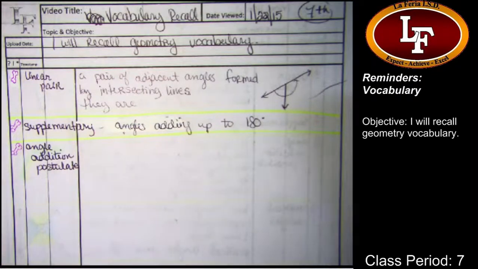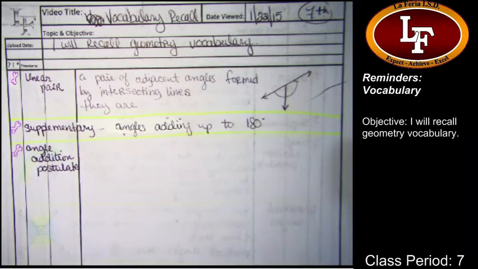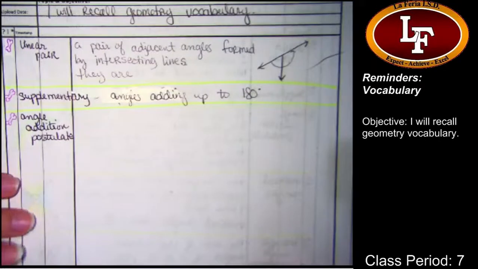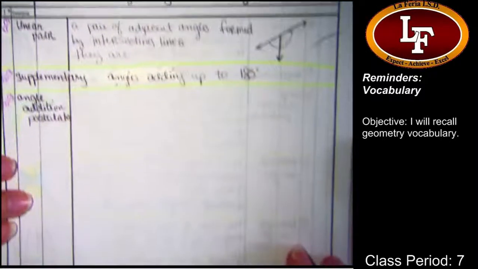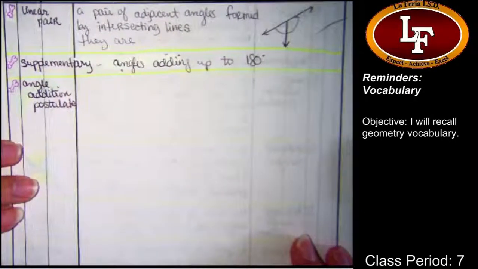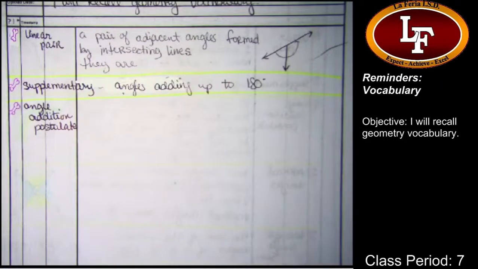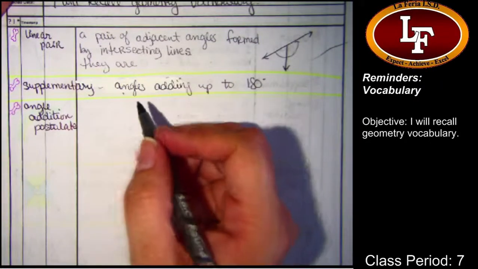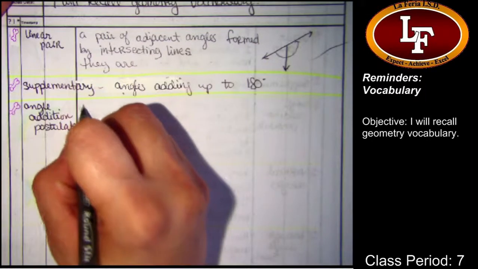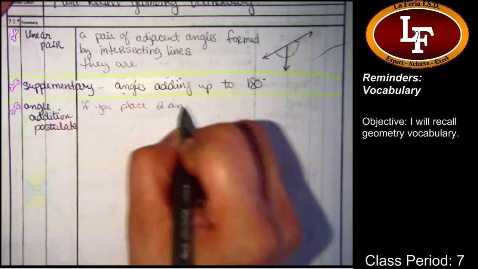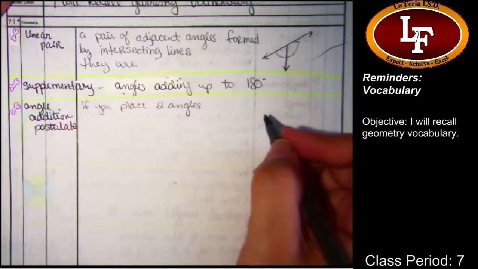Notes or Google or Siri. Find it for me. Angle addition postulate. It says, an angle addition postulate is that if you place 2 angles side by side, the measure of the resulting angle will be equal to the sum of the two original angle measures. That sounds awesome, and that's all I managed to write.